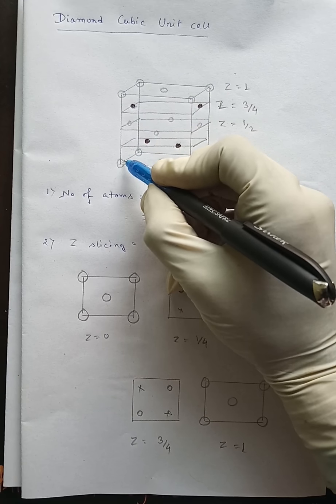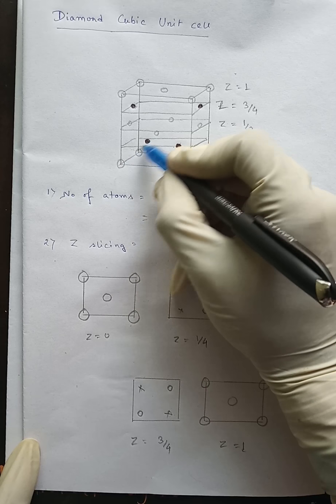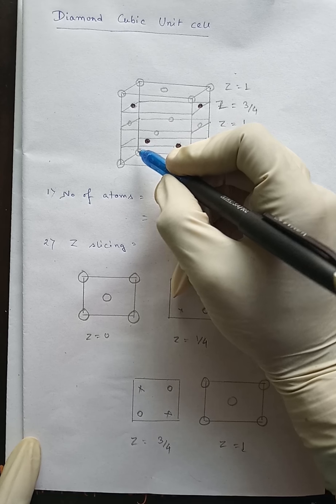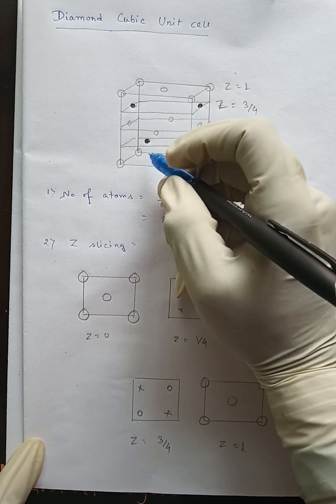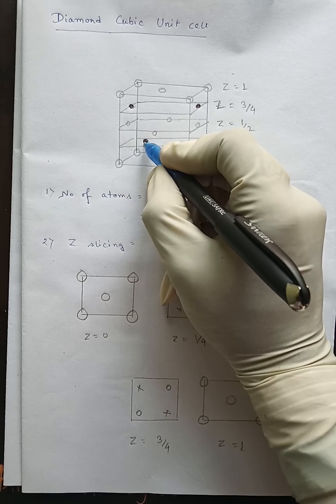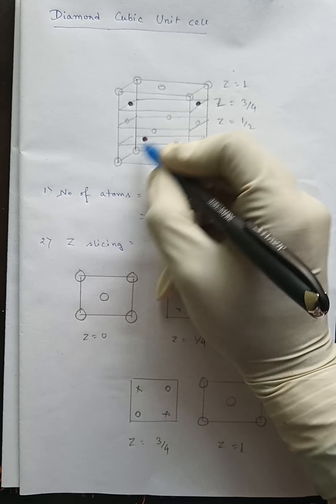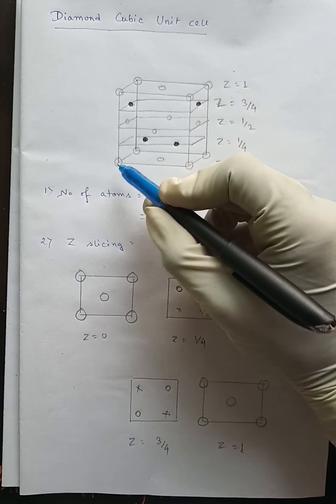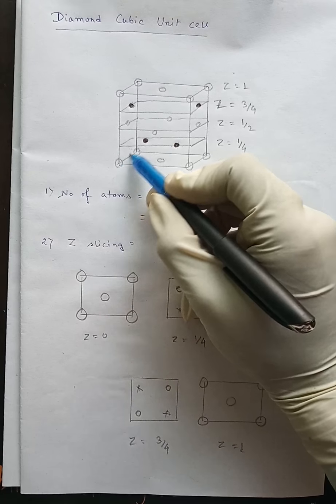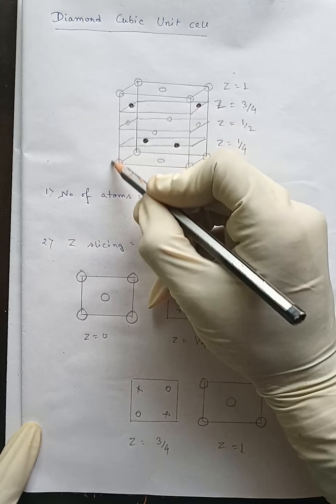We are just considering from this point to this point, this distance. These two atoms are in touch with each other. Now this gives the radius r, and half of this will give r. So r plus r, 2r, will make the 1/4 of the body diagonal. From this to this will be the body diagonal a root 3, and this point will be 1/4 of the a root 3.